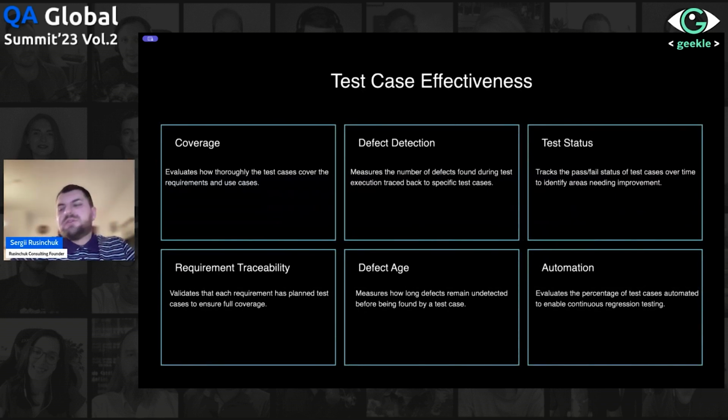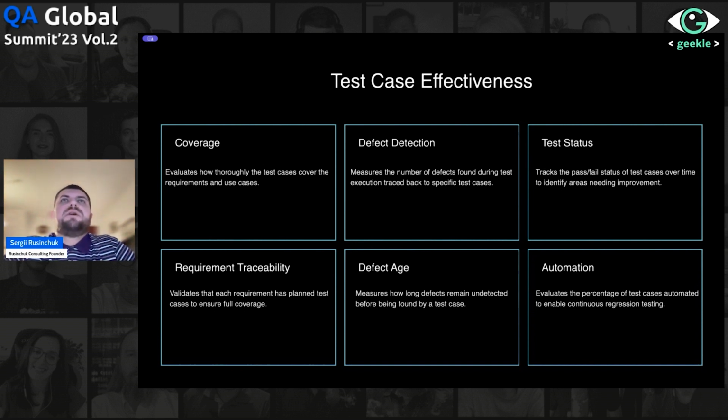Let's move forward. It's a bit broader topic about everyone's love, test cases. We are talking about test case effectiveness, and the first metric is coverage. Coverage of test cases evaluates how thoroughly the test cases cover the requirements or use cases.